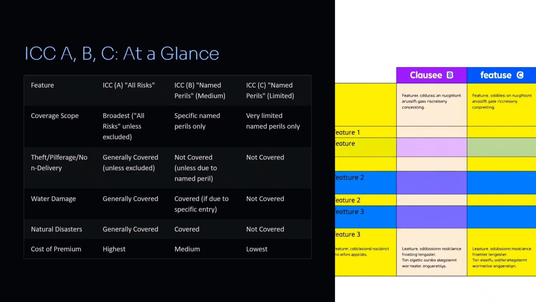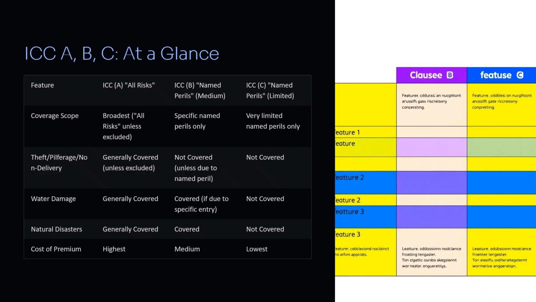For water damage, like from rain or sea water entering the container, A generally covers it. B covers it if the water enters due to a specific event like a hole in the vessel, and C does not cover it. For natural disasters like earthquakes or lightning, A generally covers them. B covers them, but C does not.